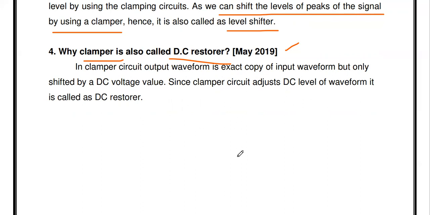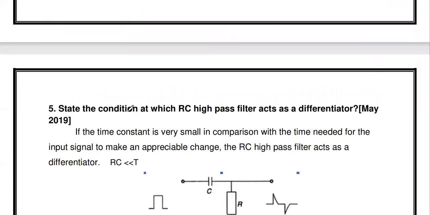Since the clamper circuit adjusts the DC level of the waveform, it is called a DC restorer.